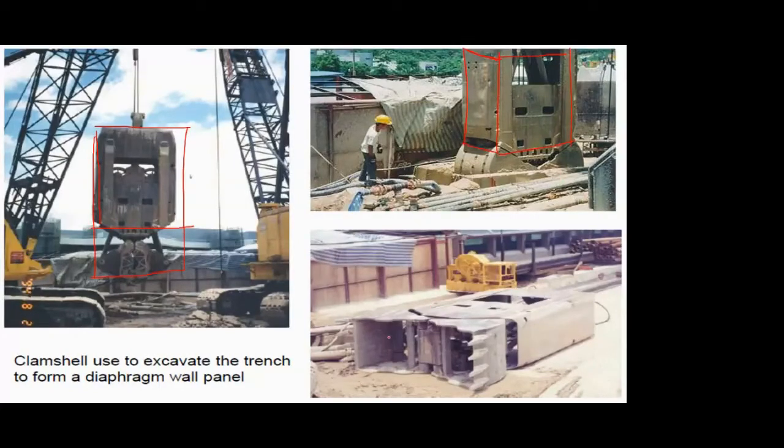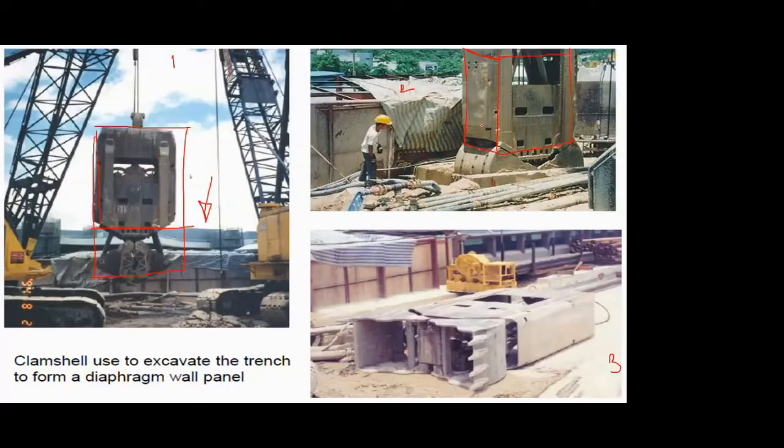Okay. So that's the grab or the clamshell that is used in all the three photos. Photo number 1, 2, and 3 show different views of the grab or clamshell. The first photo shows the grab being lowered into this pit or trench.